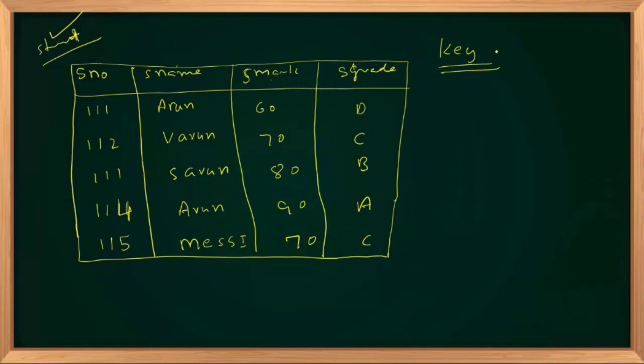Key means it is a set of one or more attributes that is used to identify each row or tuple.